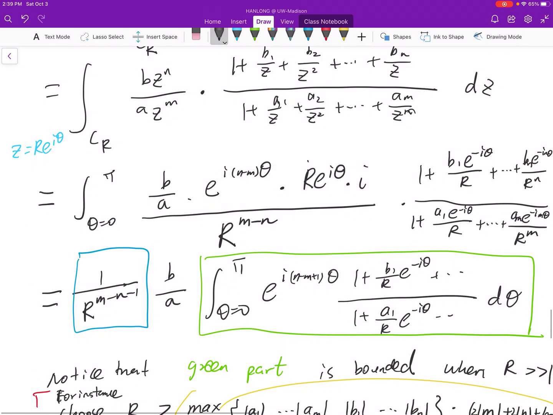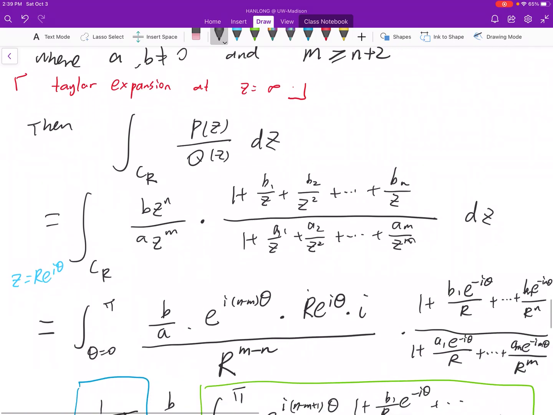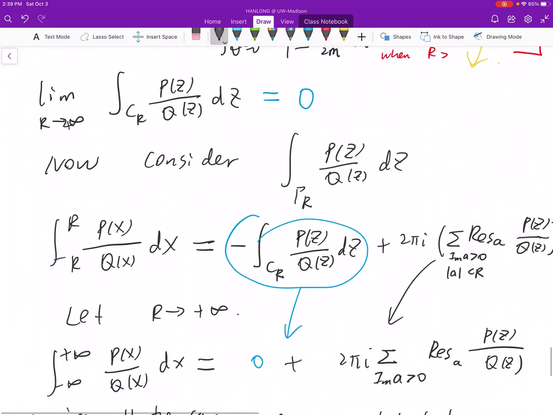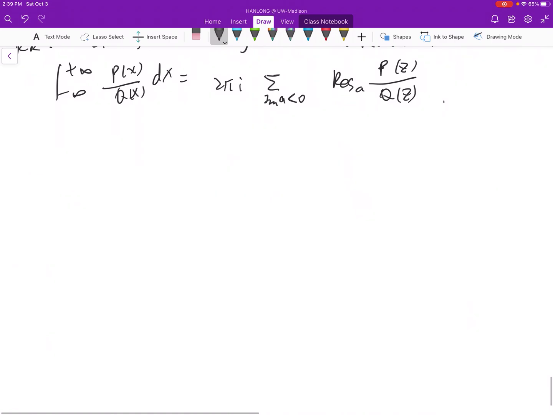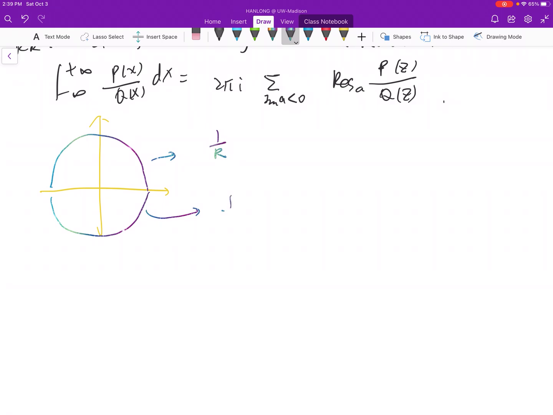Because here, no matter whether you choose the upper half circle or the lower half circle, you have the factor 1 over r. Then when you take r to infinity, that controls your error and forces it to be 0.